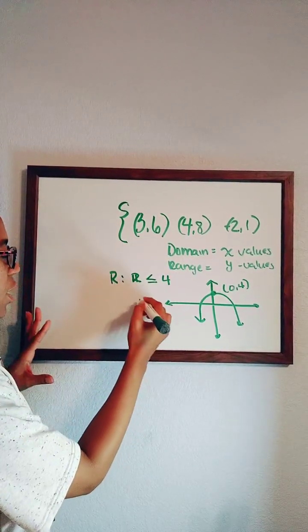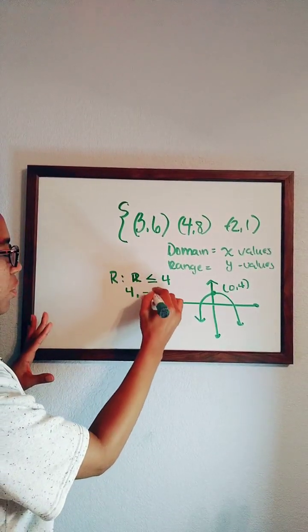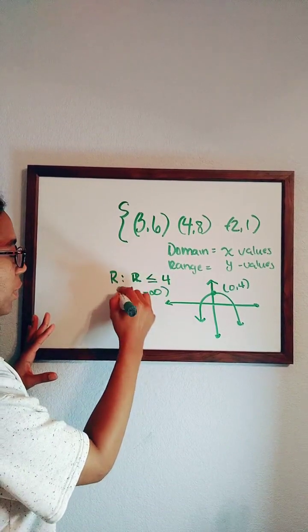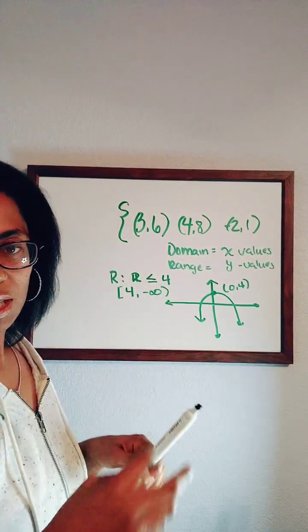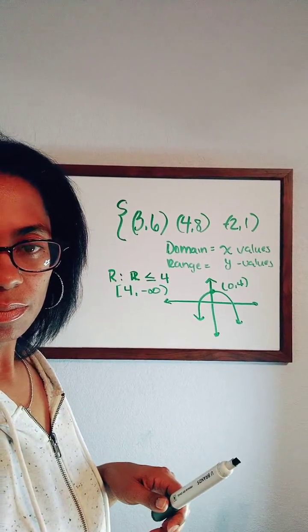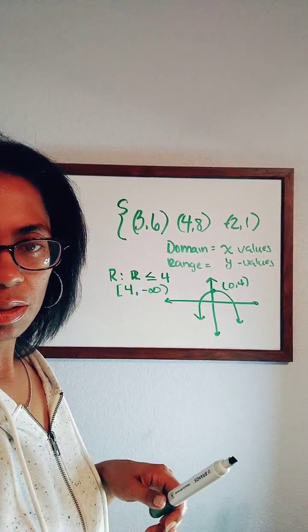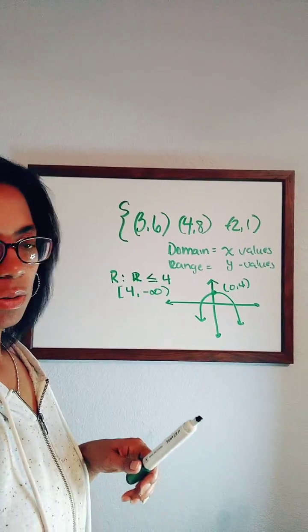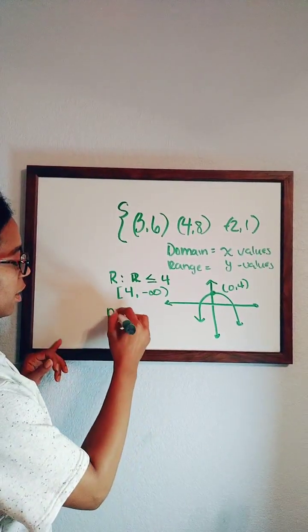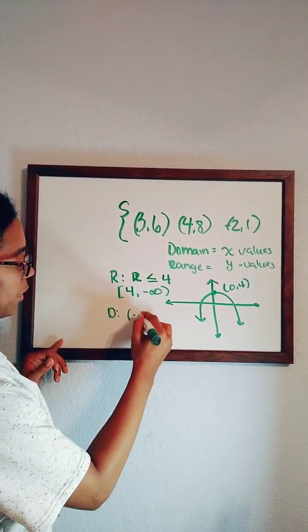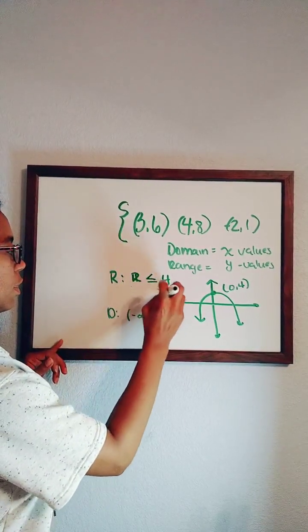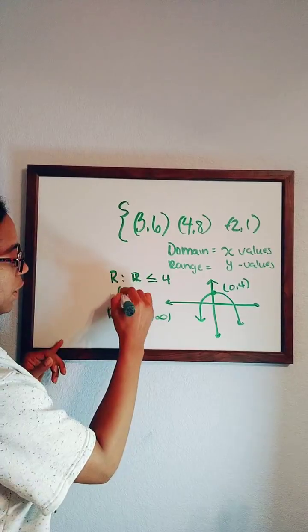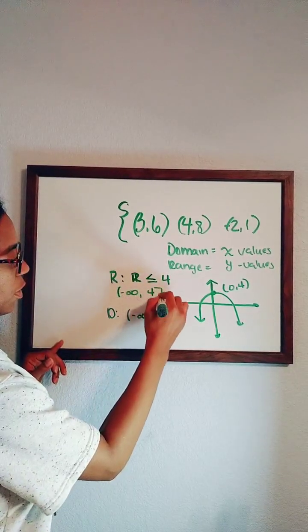She said you can do 4 to negative infinity, I believe, or is it negative infinity to 4? I think it's negative infinity to 4, right? I think I wrote it backwards. But domain is going to be negative infinity to positive infinity. So it'll be negative infinity to 4, like that.